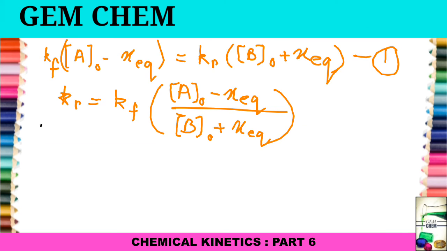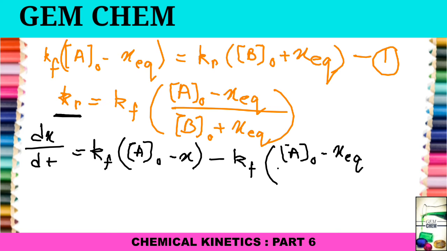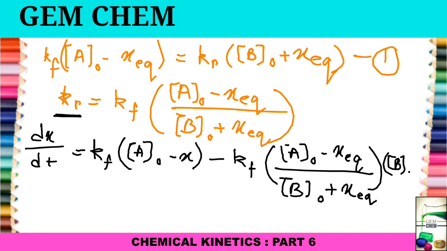From here again we can get dx by dt. We will substitute the value of Kr in the dx by dt. So Kf (A naught minus x) minus Kf (A naught minus x equilibrium) by (B naught plus x equilibrium) multiplied by (B naught plus x).